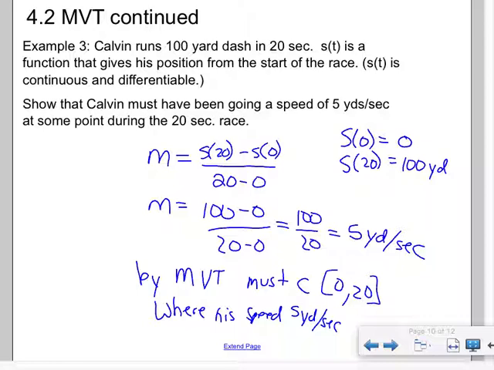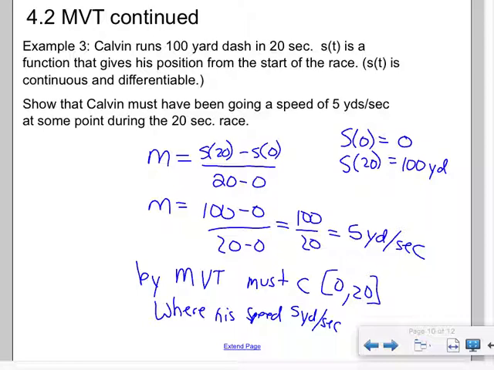Okay. Kind of a silly result in a way, but it just shows how you go about proving that there must have been a point somewhere that he was going 5 yards per second. Remember, that's an instantaneous rate because it's the derivative.